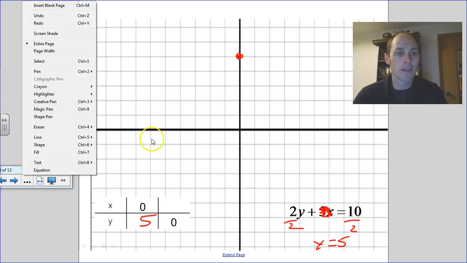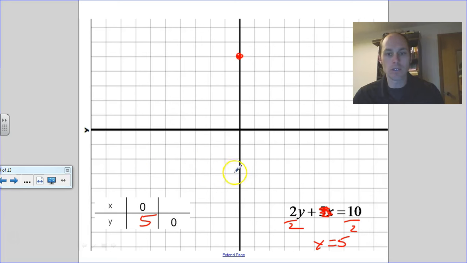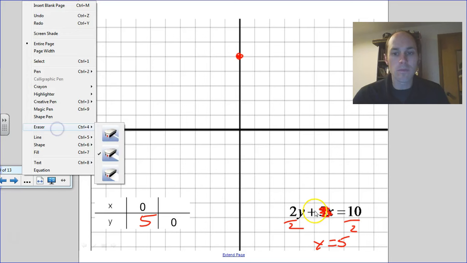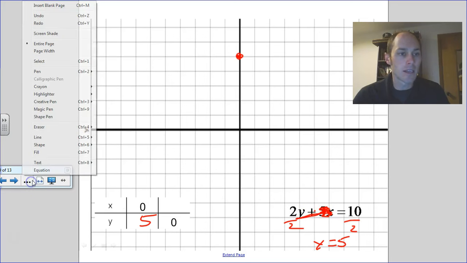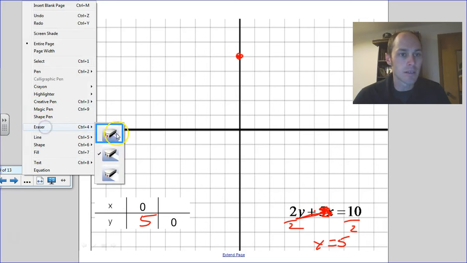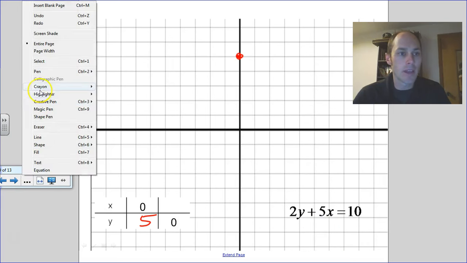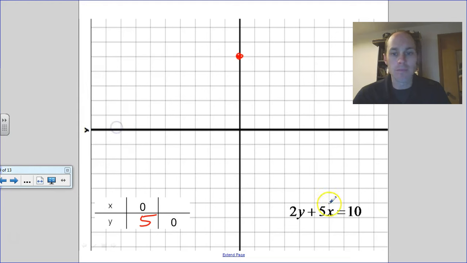And then we can do the same thing. If we want to find our x-intercept, we just remember that the y is 0 because it's not moving up or down from this line. So in that case, we know the y is nothing because 2 times 0 is nothing.